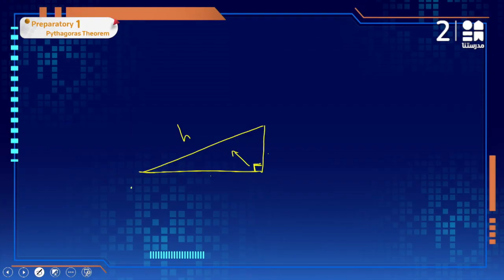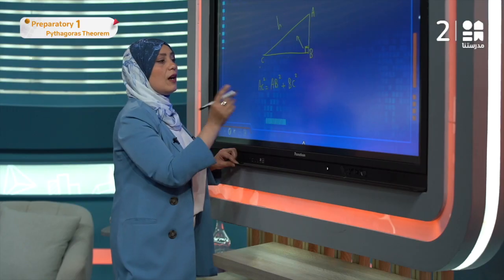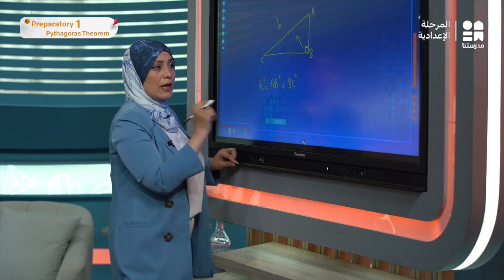And the hypotenuse squared, if it is A, B, C, so the hypotenuse squared, which is AC squared, equals AB squared plus BC squared. That is when the hypotenuse is not given. What about if it is given? I need to subtract to get the leg of them.